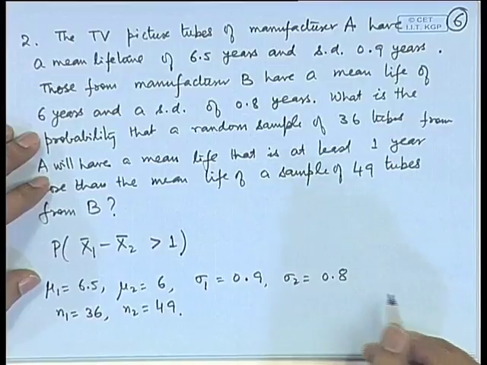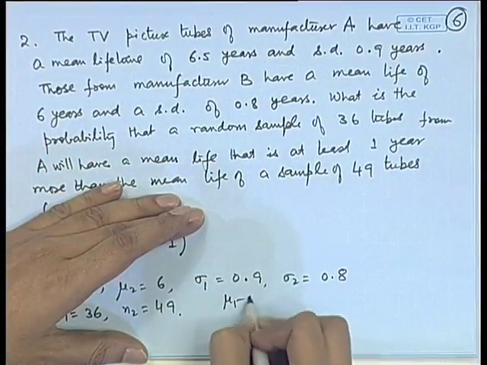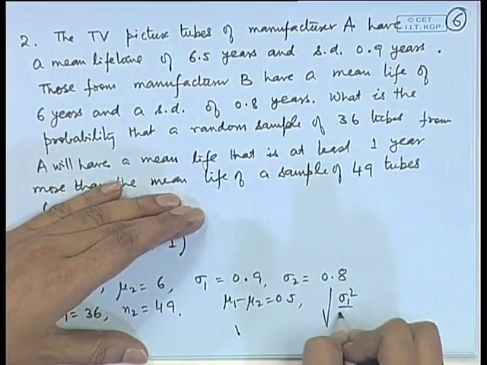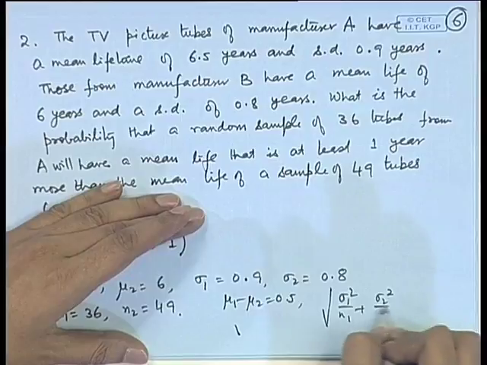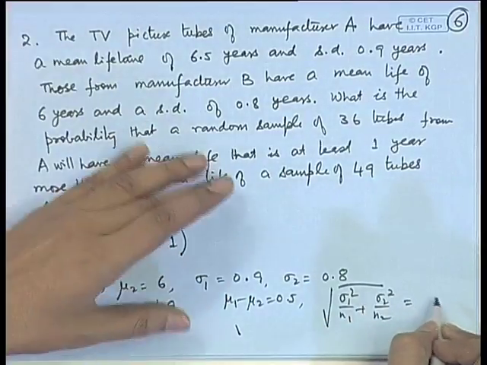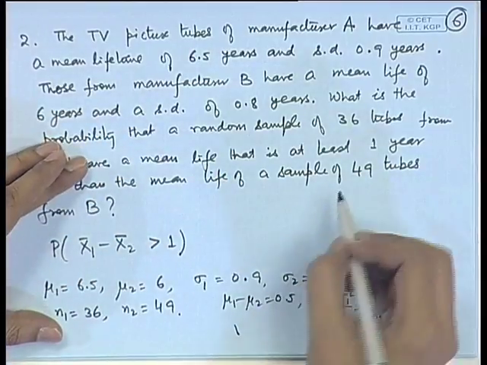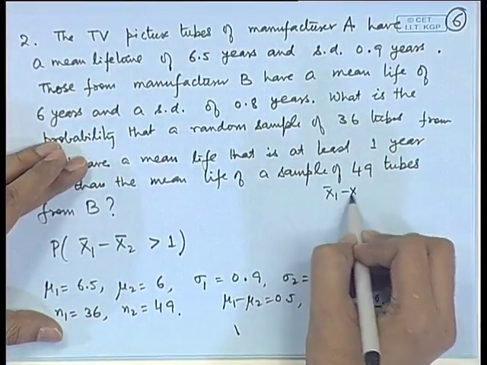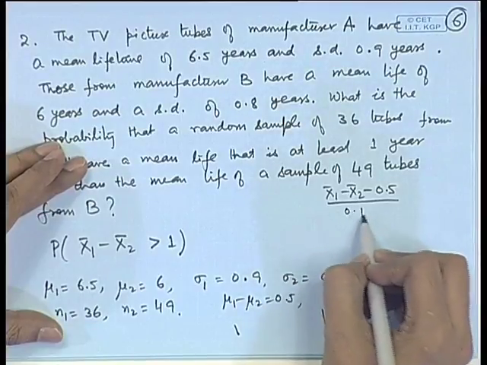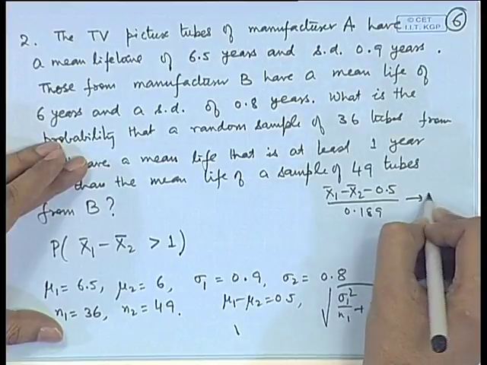So, if we calculate mu 1 minus mu 2, that is 0.5, and the square root of sigma 1 square by n 1 plus sigma 2 square by n 2, that is equal to 0.189. So, (X 1 bar minus X 2 bar minus 0.5) divided by 0.189 is approximately normal.